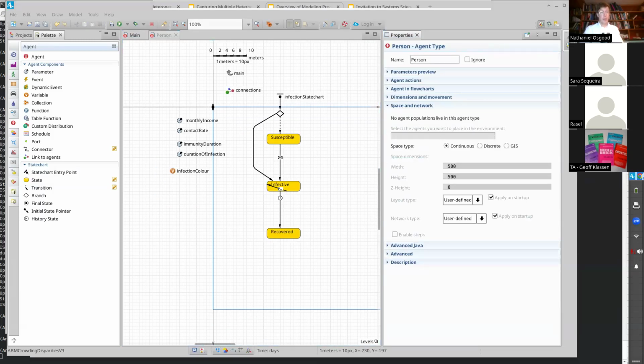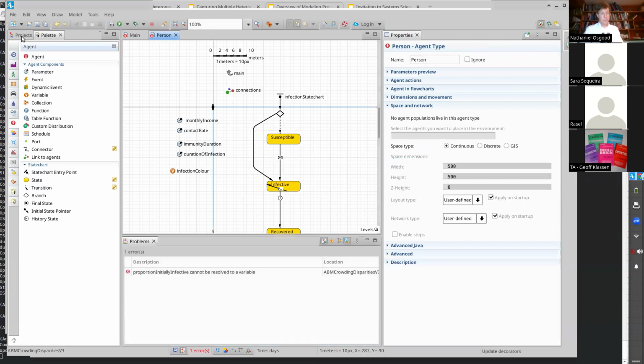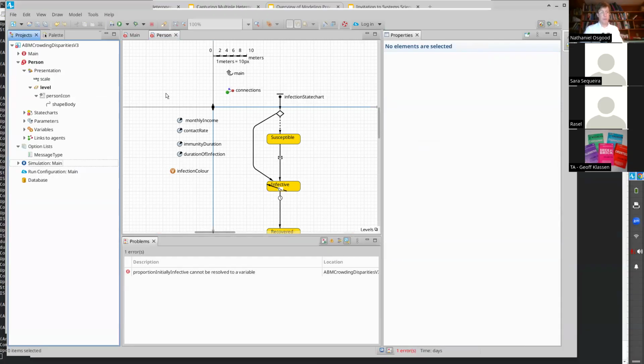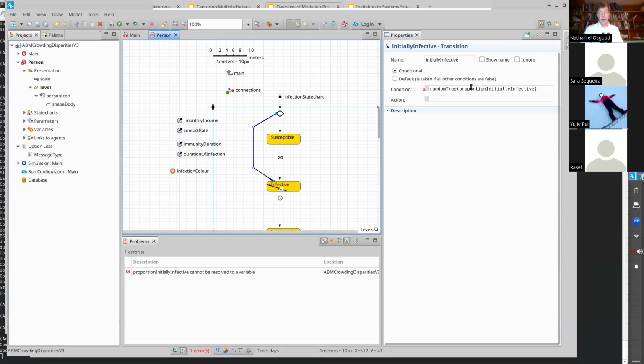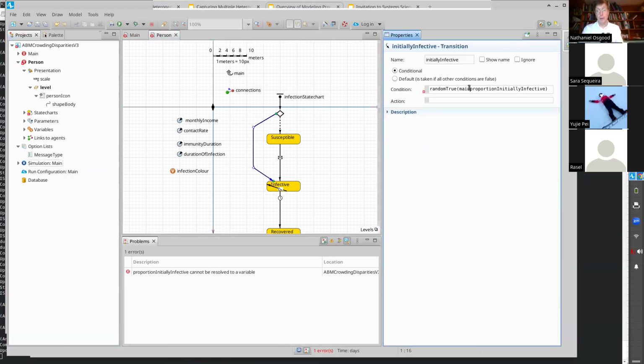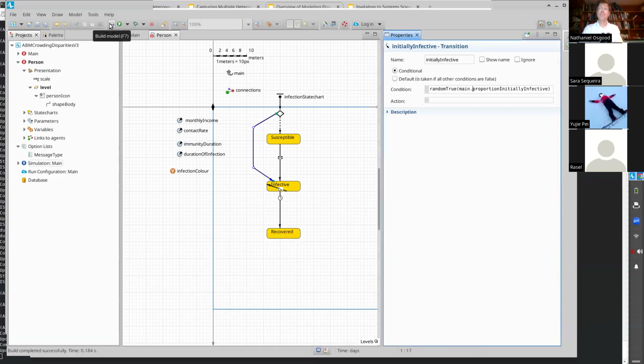Okay, make sure it builds. I'll distribute this to everyone. Oh, proportion. Oh, of course. Should be main dot, right? Main dot. So I meant main dot. It needs a main because it lives in main.